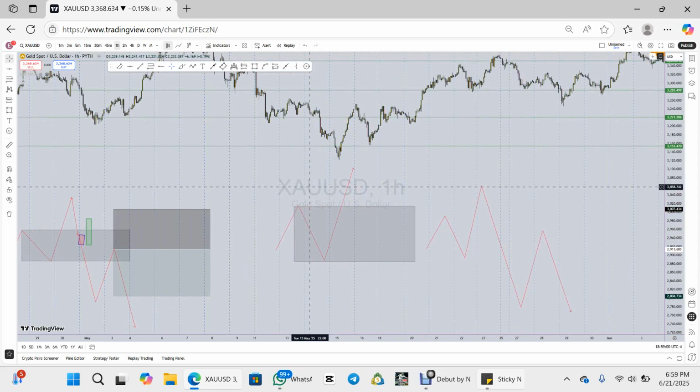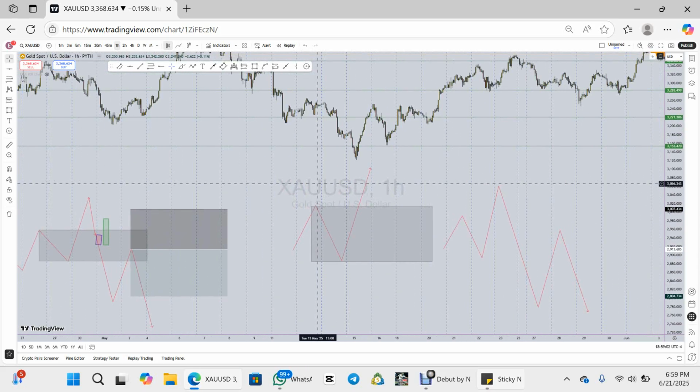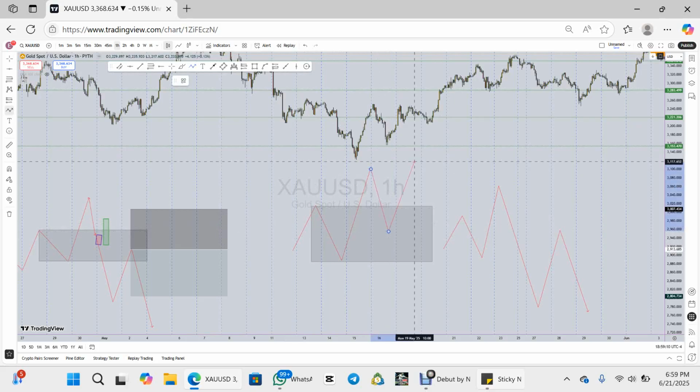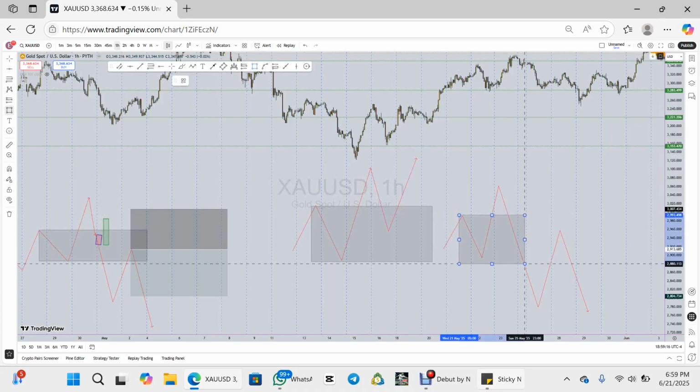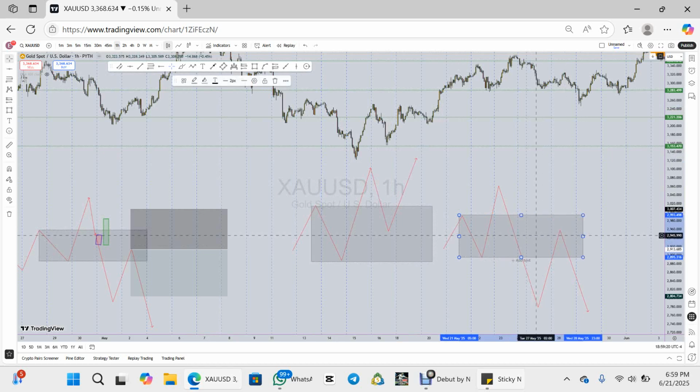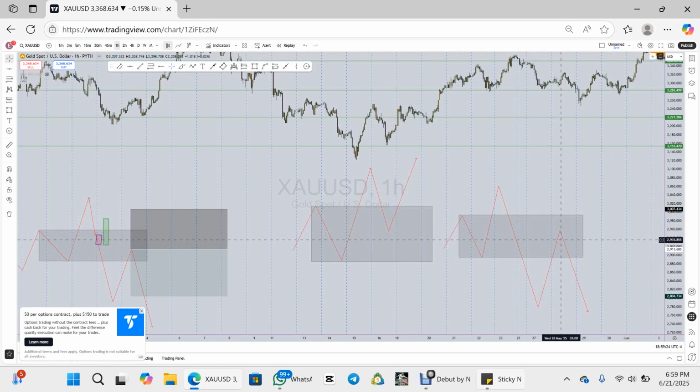So this is the continuation. The other one is like once price breaks, this is like the fresh breakouts. So on it, once price comes back to it, boom, you take a buy. So for this case, once price comes back here and refuses to give us an engulfing candle, breaks, wait for it to retest. If it gives us an engulfing candle, you take a sell.